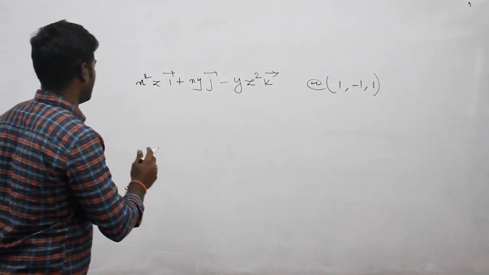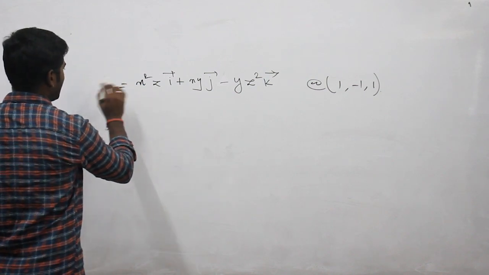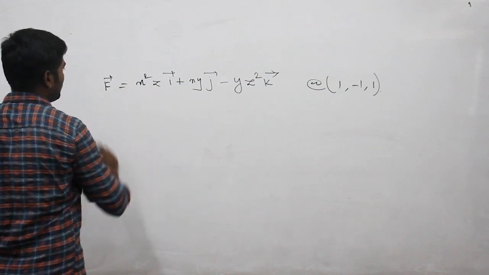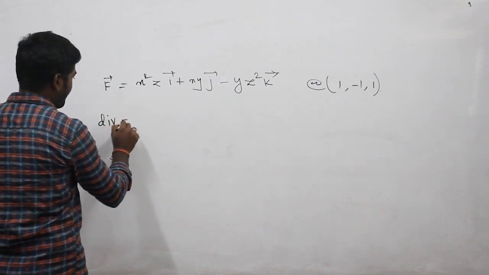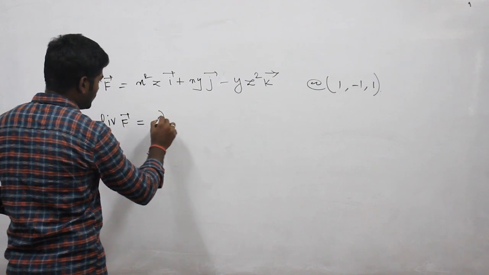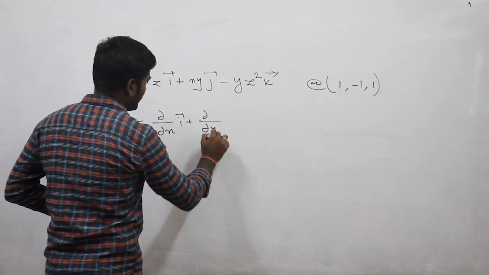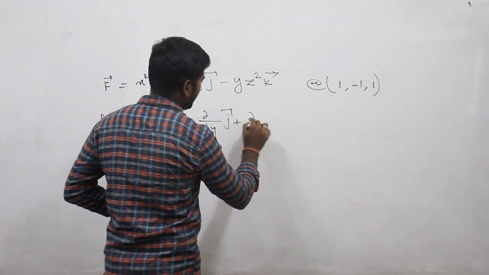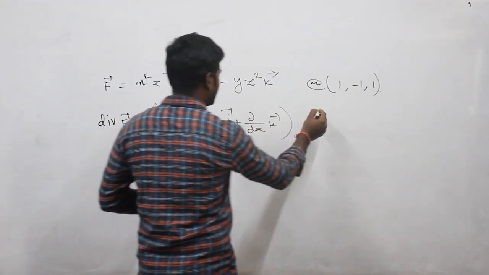Divergence of this vector they are asking, right? So take this vector as f vector. Divergence of f vector is equal to dou by dou x i vector plus dou by dou y j vector plus dou by dou z k vector dot that vector f vector.